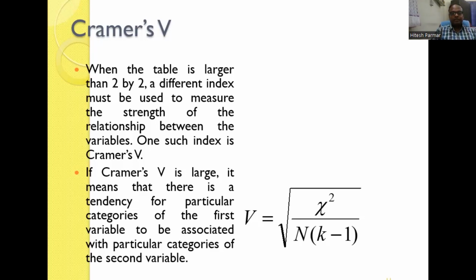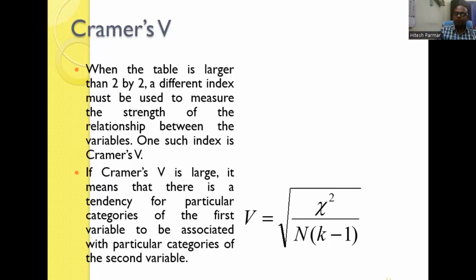And if Cramer's V is large, it means that there is a tendency for particular categories of the first variable to be associated with the categories of the second variable. You must have studied the correlation coefficient, and you are aware of the concept of correlation. The closer the value is to 1, the higher the degree of positive correlation.